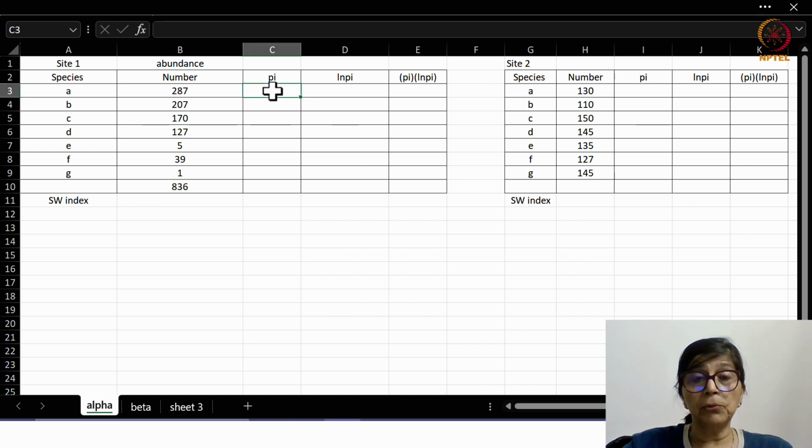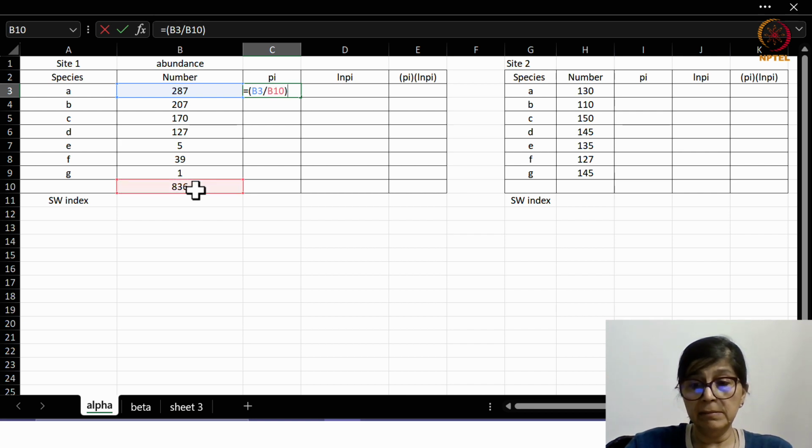Then how to get the proportion, pi: we again select this and put the equal sign and a bracket, select this cell, and then you can do it in two ways. One, divided by, you can select this cell.